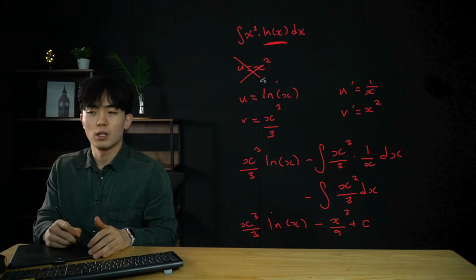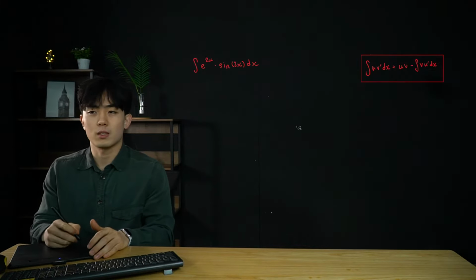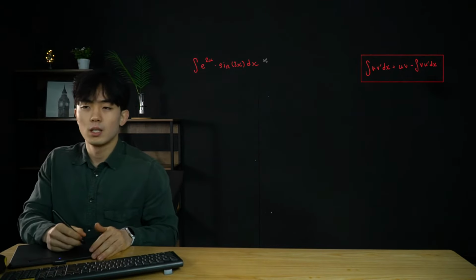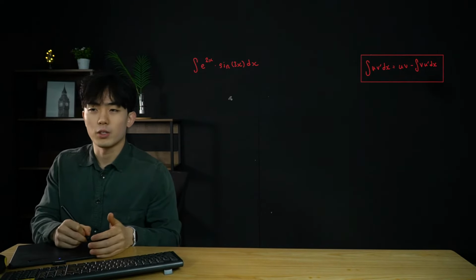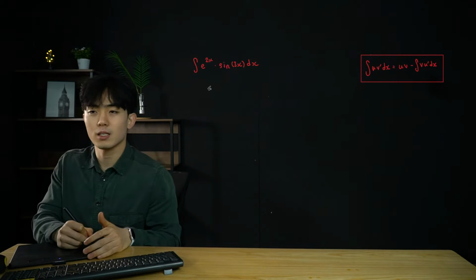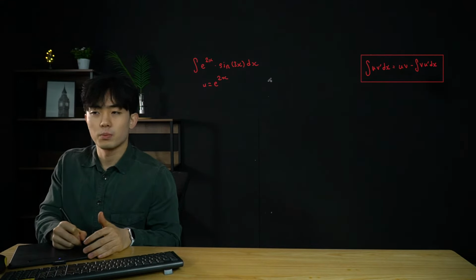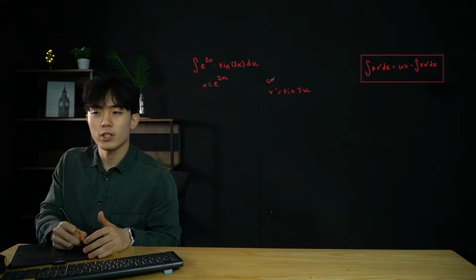Another difficult question would be e to the 2x times sine 3x. Once again, it's trying to understand what our u is going to be, and it's not very clear in the beginning what we could set u as. So let's just set u as e to the 2x, and therefore v prime is just going to be sine 3x. Differentiating u, we get u prime, which is 2e to the 2x.